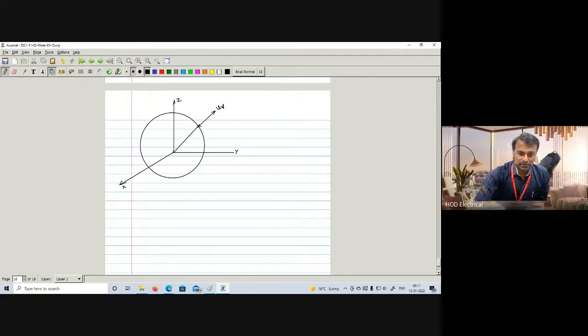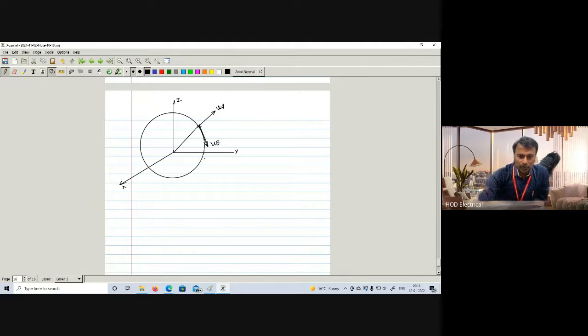Let me draw this line now. We already know this vector is towards theta, so this will be u theta.